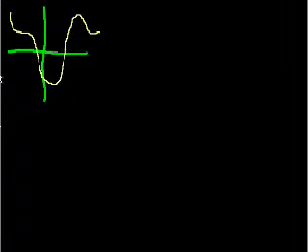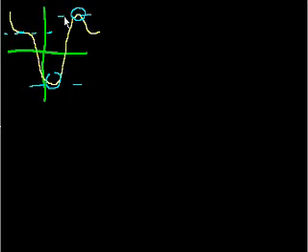Right there, the slope is 0, because if you were to take the tangent right there, it would look something like that. Right there, the slope is 0 as well, because if you took the tangent, it would look something like that. And then right there as well, the slope is 0. And the line really isn't a tangent. It crosses the graph. But as we can see, the graph kind of flattens out there.